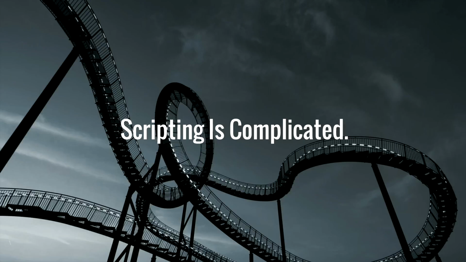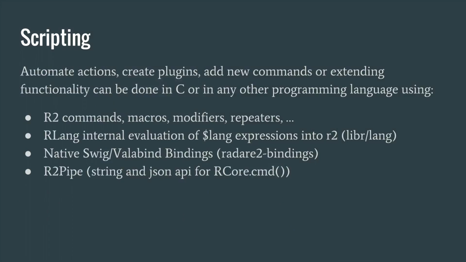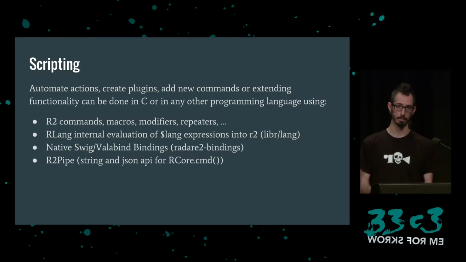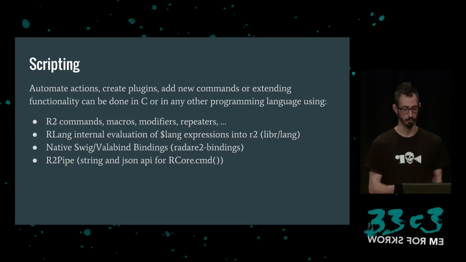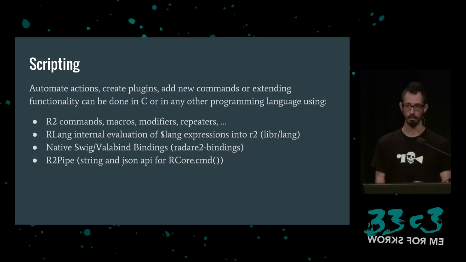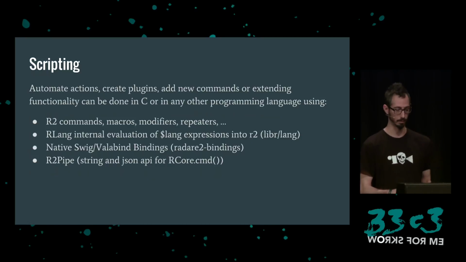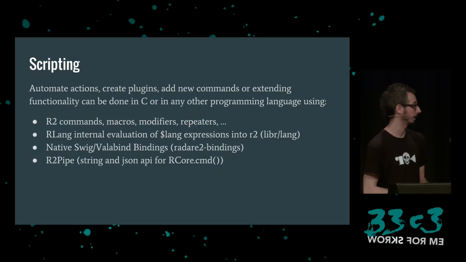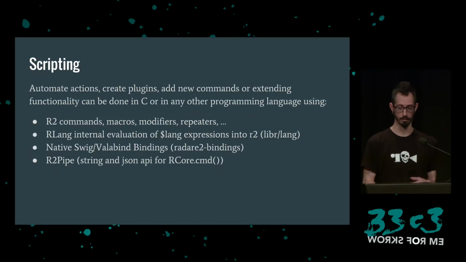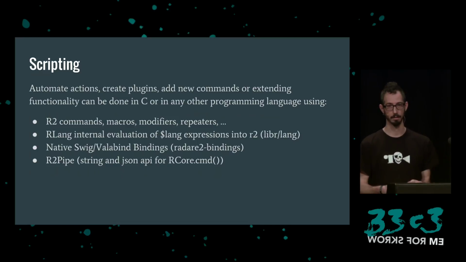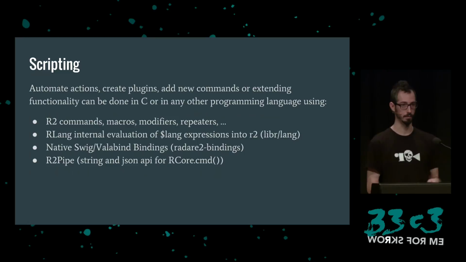OK, so let's talk about scripting. It's a topic that is complicated. Really, if you focus on the problem, you only need to understand the commands and all the APIs. So if you know how to use Radare, you can script Radare pretty easily. Mainly because I was trying to follow different paradigms, like trying to make the bindings more language-friendly.